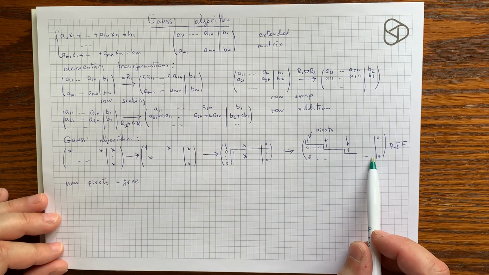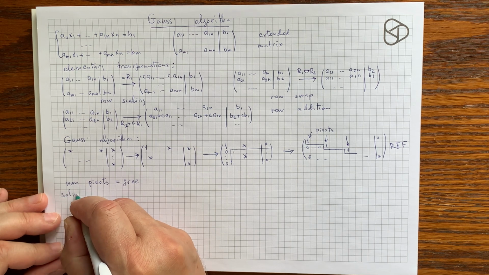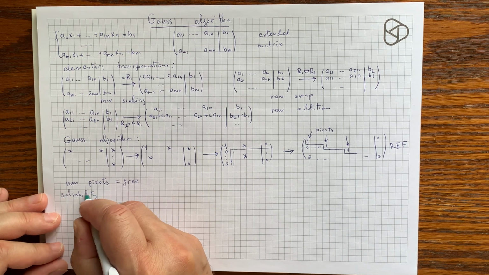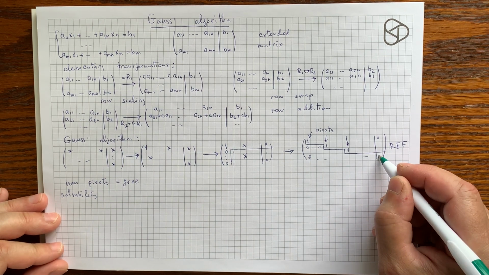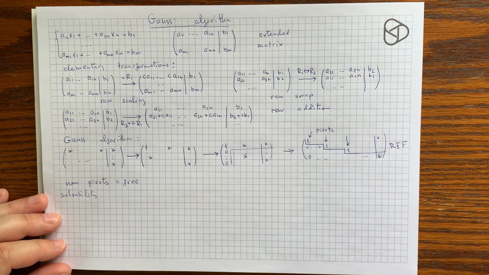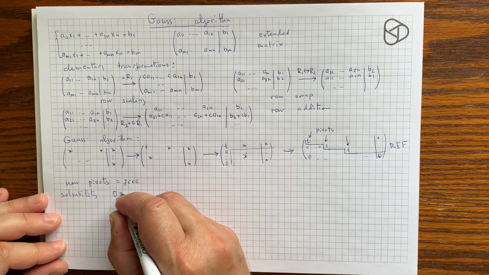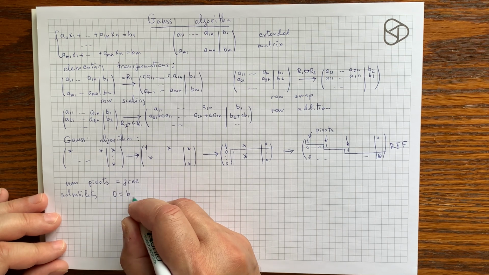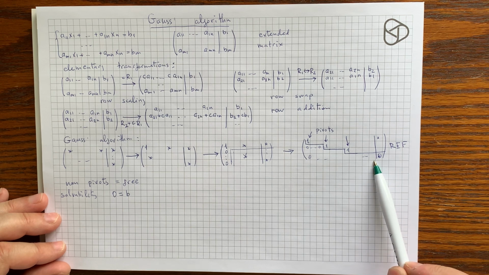In the row echelon form, it means that solvability means that this staircase will have to meet with zeros on the right-hand side. Solvability is absence of the equations 0 equals some non-zero number on the right. So that is, again, easy to see in the row echelon form.